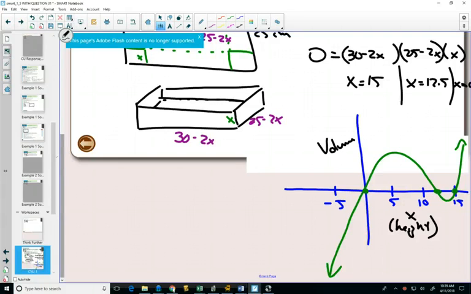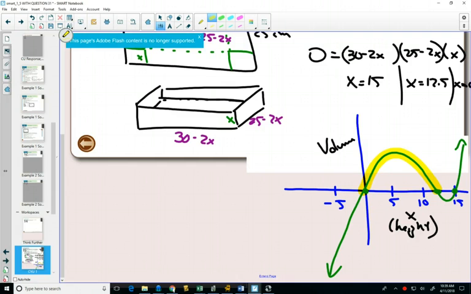You can't cut out or have a negative height. You also can't cut out more than 12.5 centimeters because then you have no paper to cut 12.5 centimeters from the other side. So if we highlight what makes sense here, only this part makes sense.